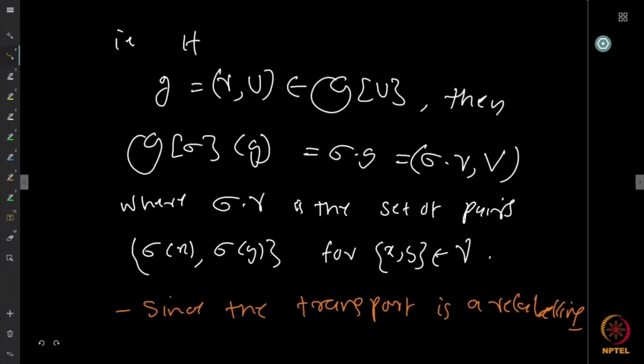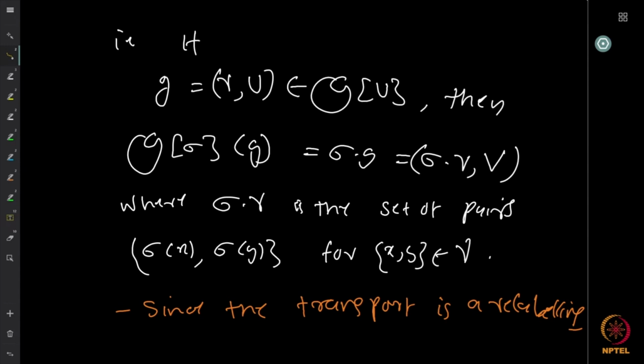Now, let's say a graph is given by gamma comma U, and that graph is one of the elements of G of U, the G structure on U. Then G of sigma, which is the transport of the graph g, applied to small g, is basically sigma dot g, because that is what happens to g under sigma.